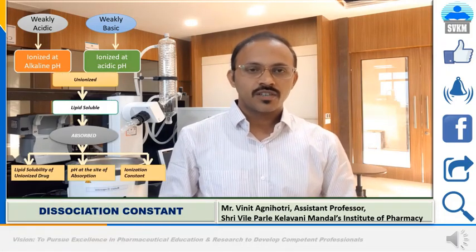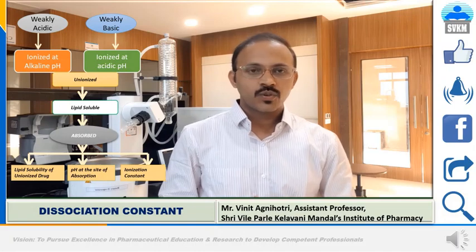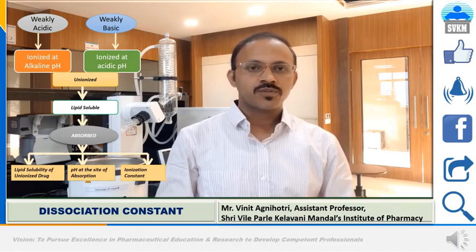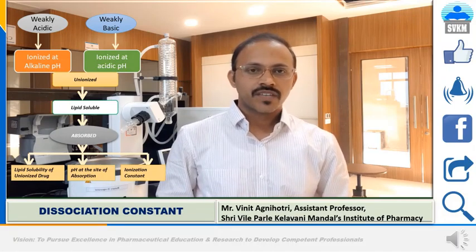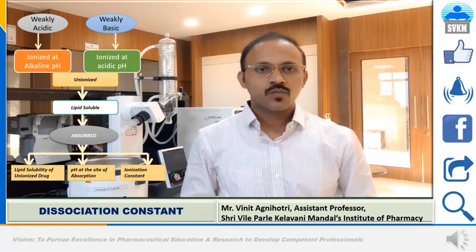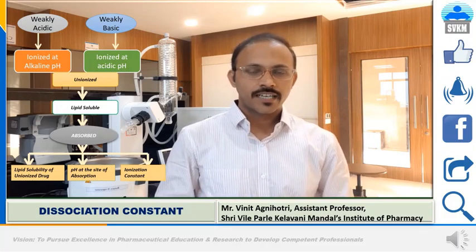Therefore, we can easily understand that the ionized part may be helpful for the solubility of the drug, while the unionized portion is helpful for the absorption characteristics of that drug molecule, as the unionized portion is more lipid soluble than the ionized part.